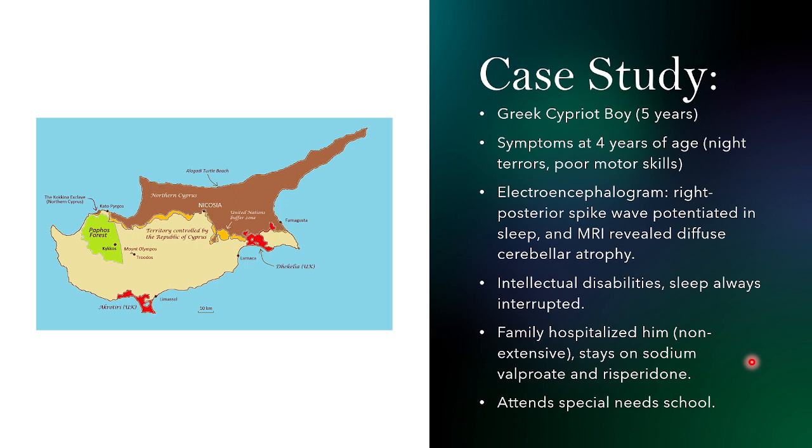He had an electroencephalogram done and an MRI, and they saw some differences of Tay-Sachs, and he started developing intellectual disabilities, and his sleep was always interrupted. His family hospitalized him, non-extensively, meaning he doesn't stay there all the time, but he stays on sodium valproate and risperidone and attends a special needs school, so that's how they're taking care of him.